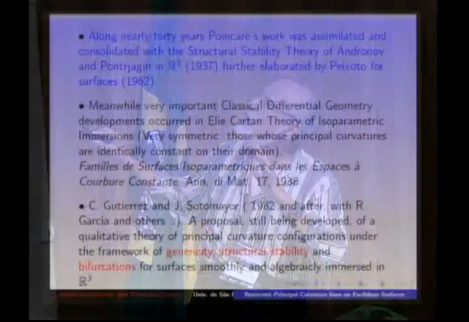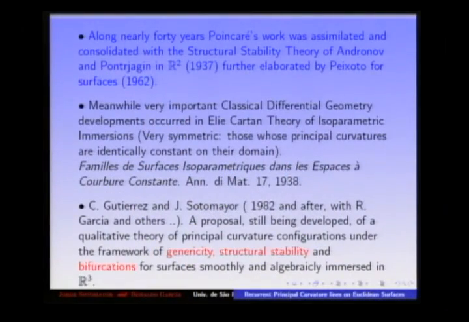And here we are reading these papers, and I think there is a possibility of further interaction with this work of Cartan, which is something enormously developed nowadays. Unlike dynamical systems, this very ergodic theory, this theory of isoparametric surfaces is something enormously growing.